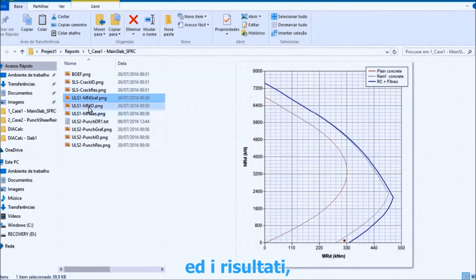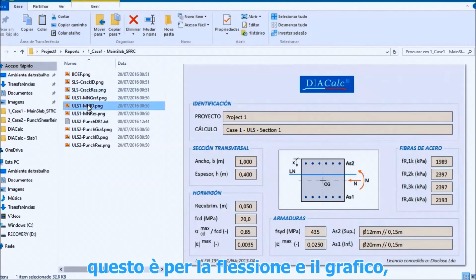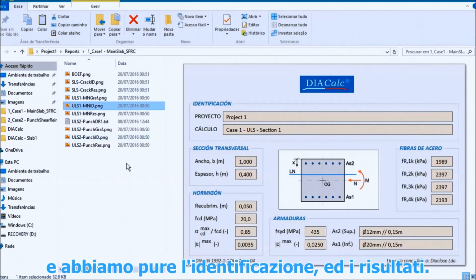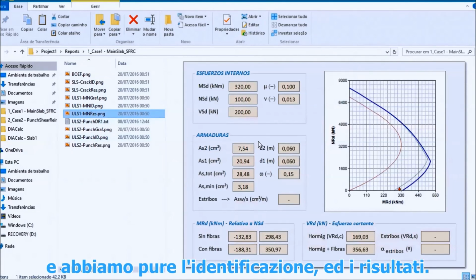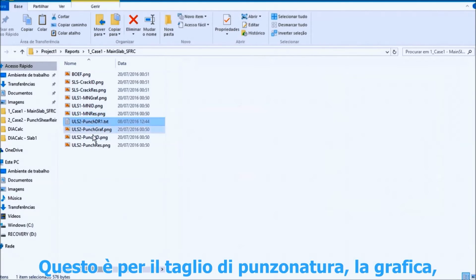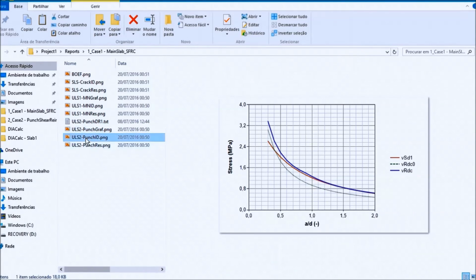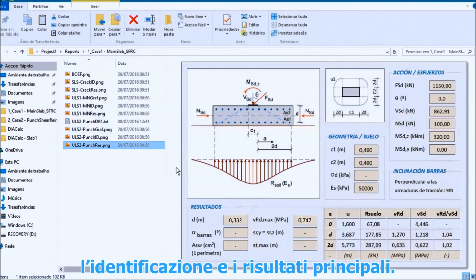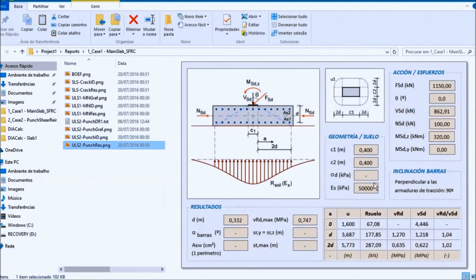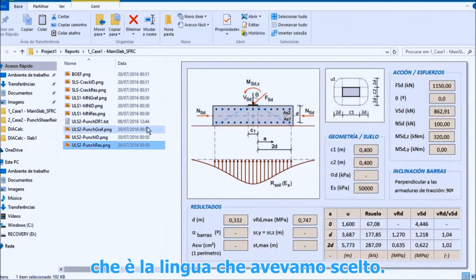This is for bending. We have the graph and we have the identification as well and the results. So the punching shear, the graphic, the identification, and the main results. All this is in Spanish, which is the language that we have chosen.